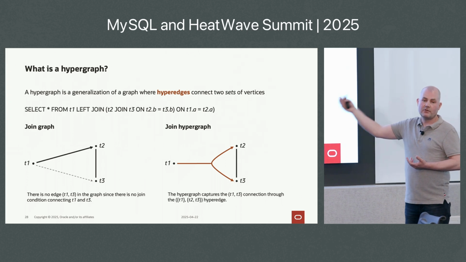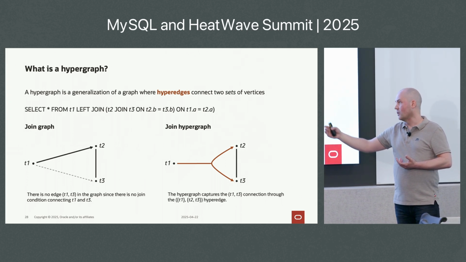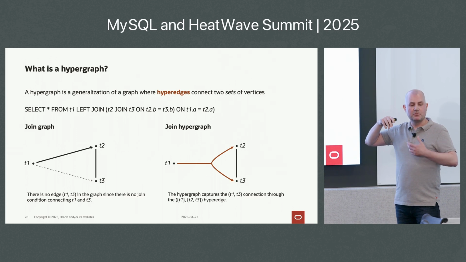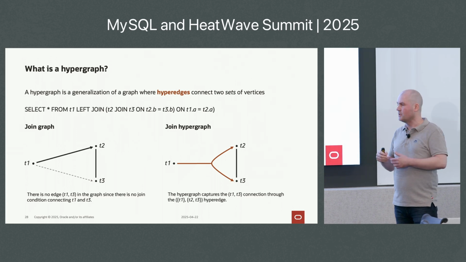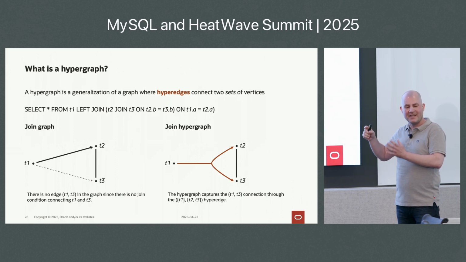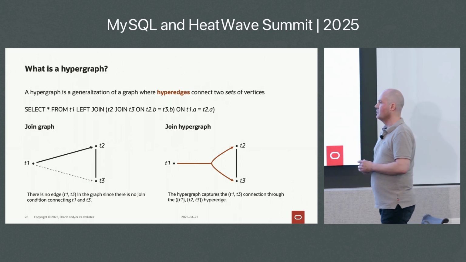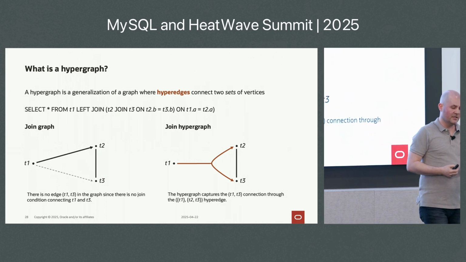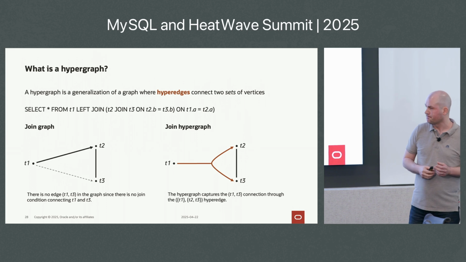The join graph does not represent that. So basically what you would do is you have to do some hack around this, to do some filtering or something to figure out that, okay, this is not really a valid plan after all. So the dotted line between T1 and T3, that's a missing dependency in this graph.